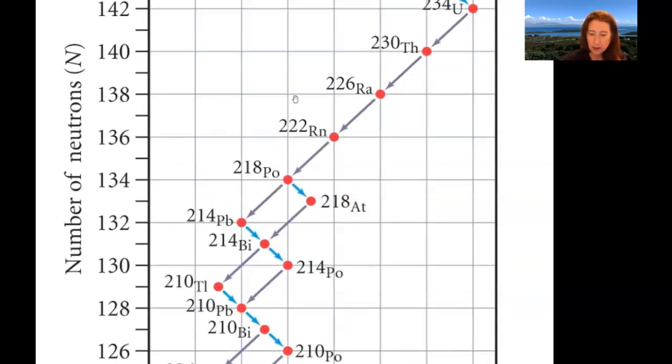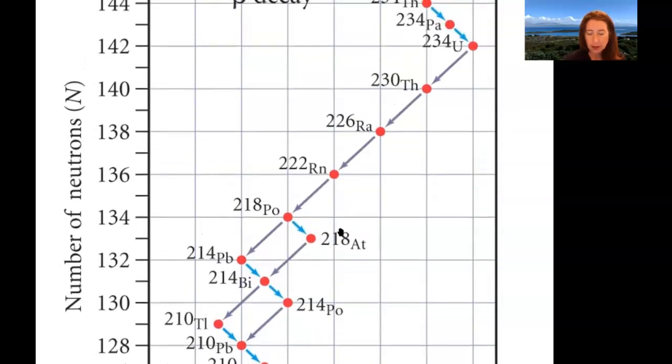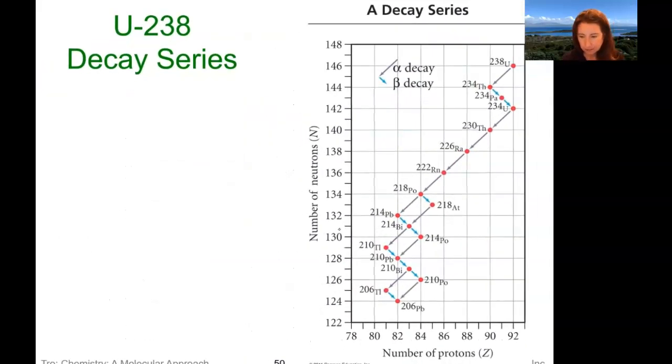But you can see the kind of bluer, the longer ones are alpha and the shorter ones are beta. So you can actually look at this. So you can see the first one's an alpha decay. The second one's a beta, alpha.